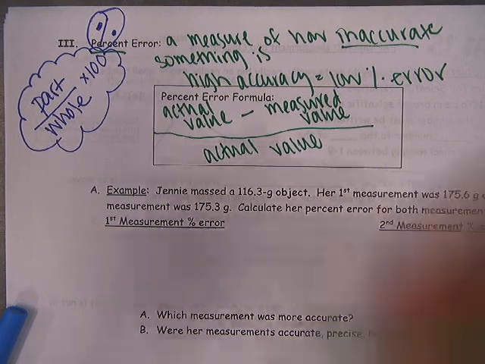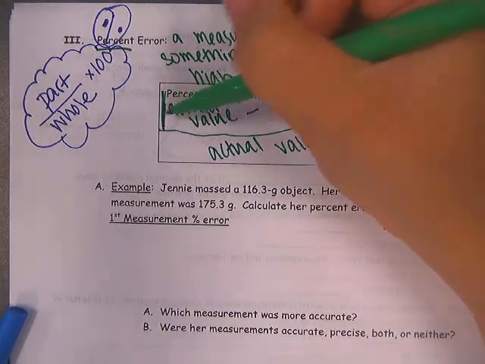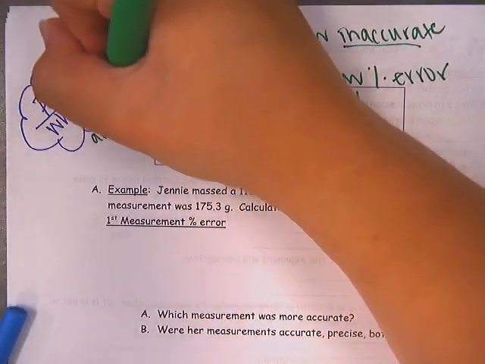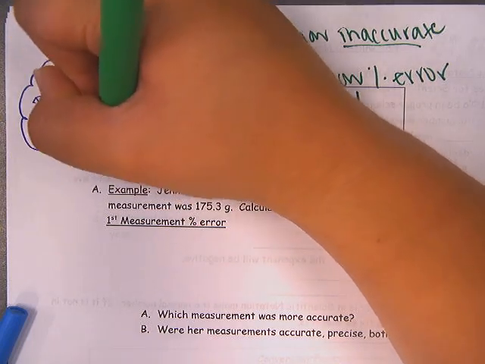In this formula, we are going to use the absolute value. So I'm drawing absolute value lines. That means that it is always positive.